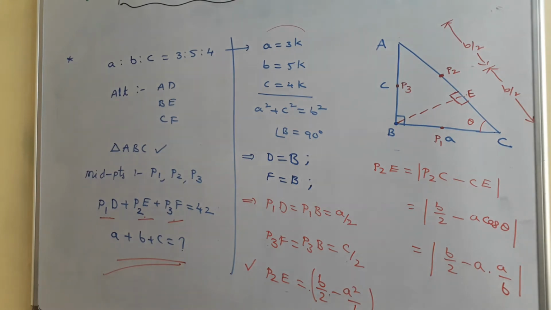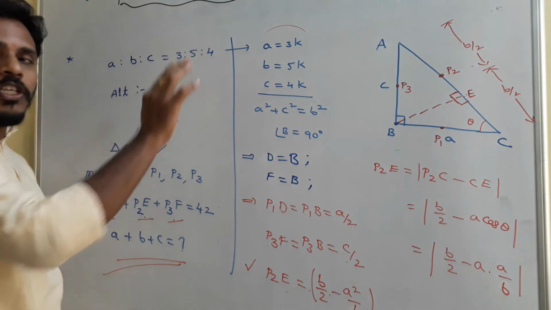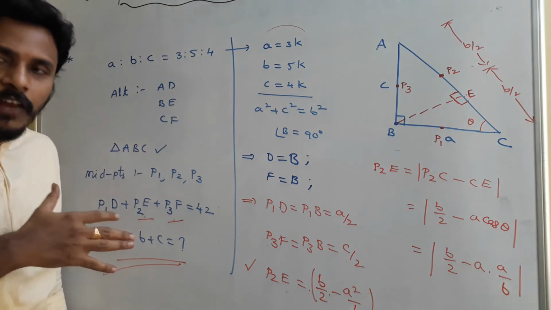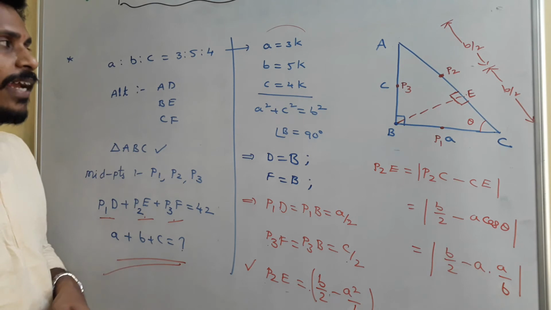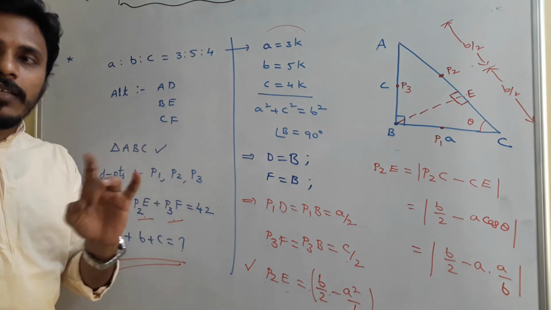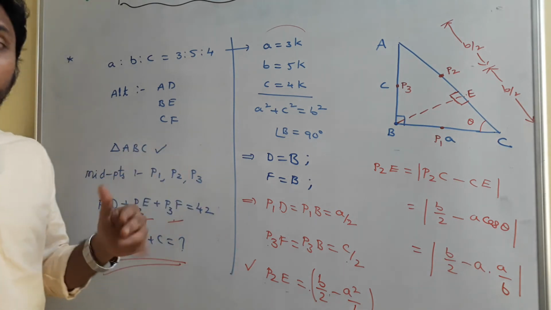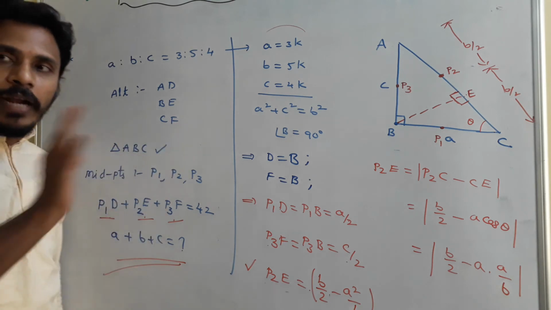Once again, just look at the problem. Okay, see the A, B, C are given in the ratio 3:5:4, and we are very comfortable with the sides 3, 4, 5, because if the sides are 3, 4, 5, it corresponds to a right angle triangle. We know it, and that's why the problem is about a right angle triangle.